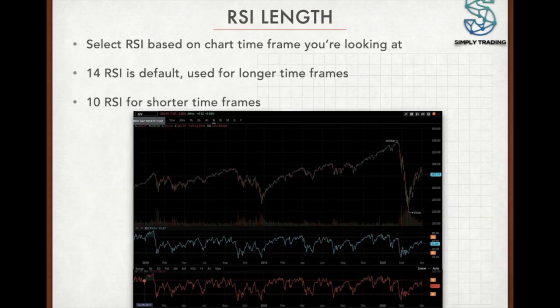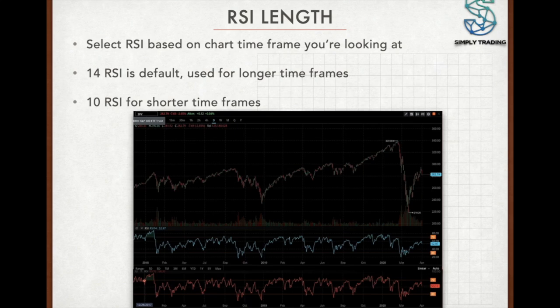When looking at the RSI length, you want to select the RSI based on the chart time frame that you are looking at. When looking at a longer time frame, generally I will use a longer RSI, and when looking at a shorter time frame, I will use a shorter RSI. The 14 RSI is often the default for a lot of traders, and a lot of beginners will use the 14-period RSI.